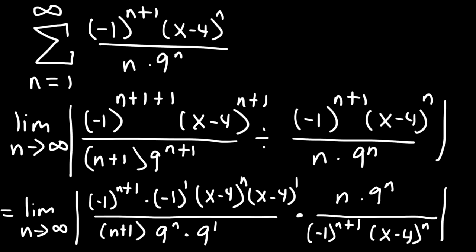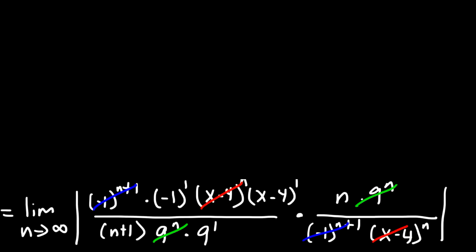Okay, so now let's simplify what we have. These two we can cancel. We can cancel x minus 4 to the n and also 9 to the n power. Now let's write these two together.